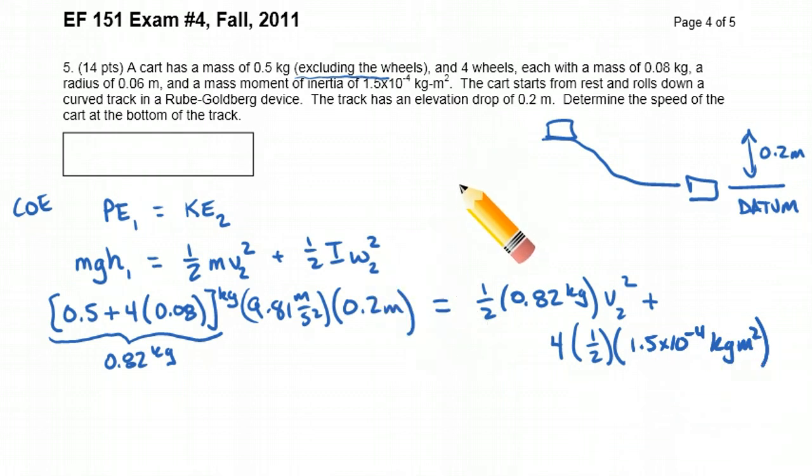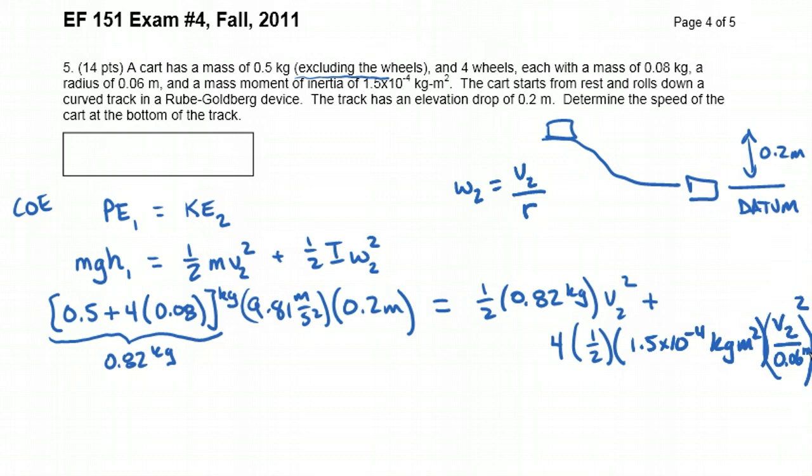Omega is going to be related to the velocity by the radius of the wheels. So I'm going to put V2 over the radius of the wheels, which was 0.06 meters, and this whole quantity is going to be squared.